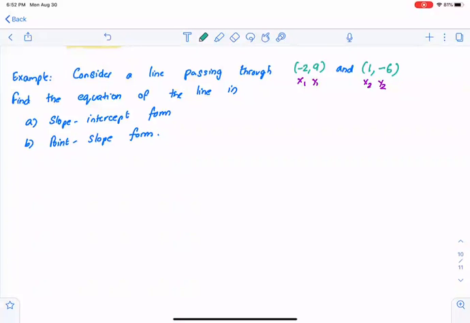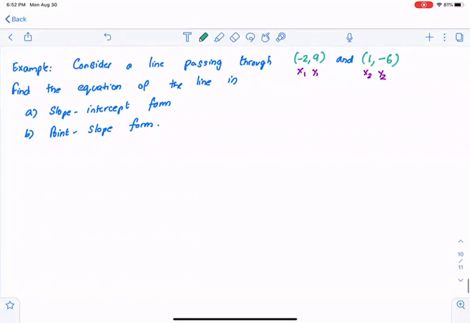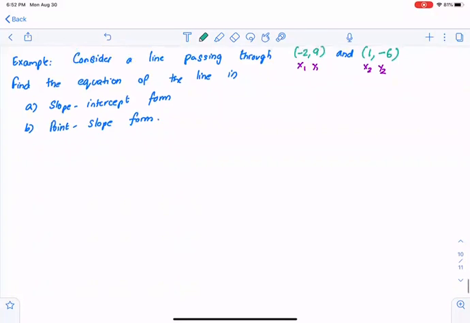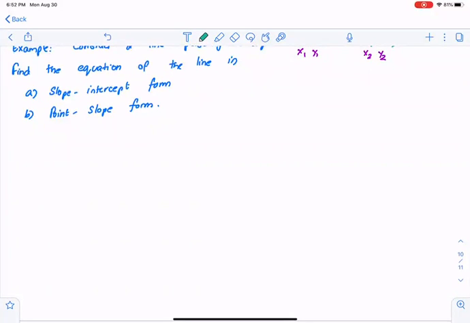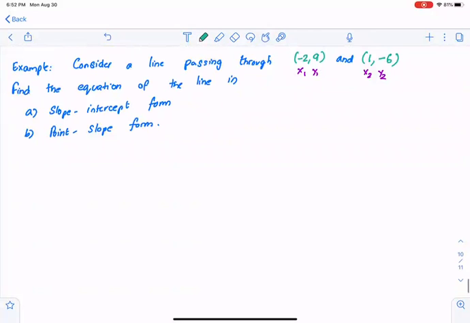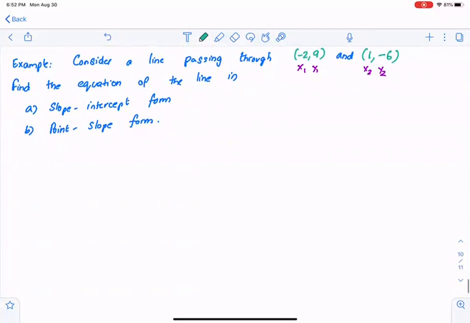So here we have 2 points, (-2, 9) and (1, -6). We want to write it in slope-intercept form, and you can either pick the first point or the second to find the point-slope form. But regardless, we have to find the slope.